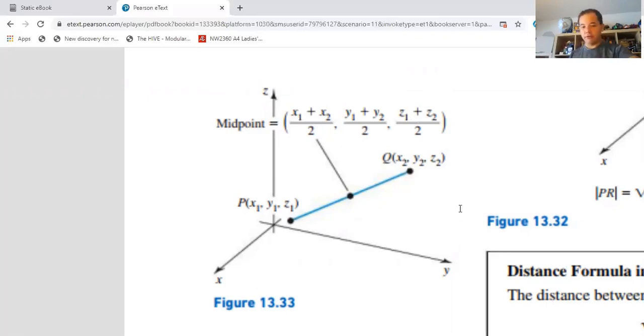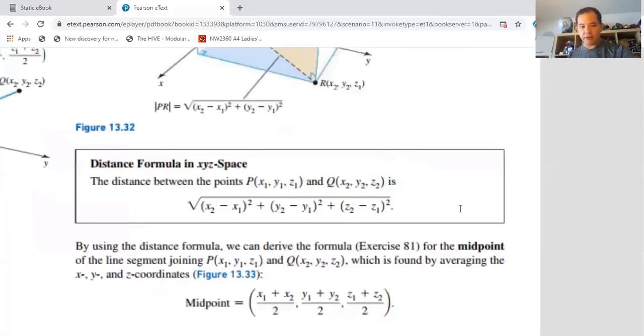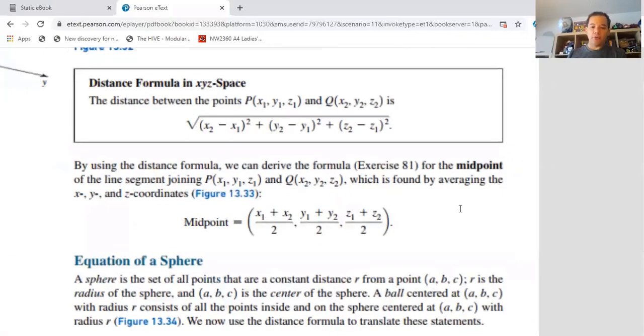Okay, so that's an easy one to do. It can be explained using similar triangles, but I'm not going to do it. I think it's sort of straightforward to understand. And using that, now we can try to come up with the equation of a sphere. So the equation of a sphere centered at the point (a, b, c) with radius r.